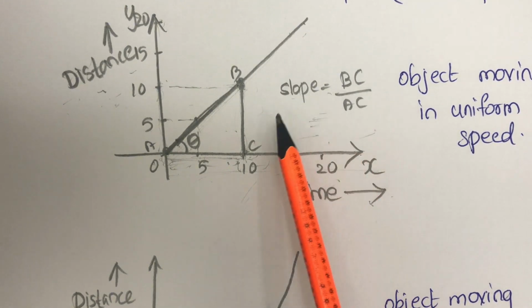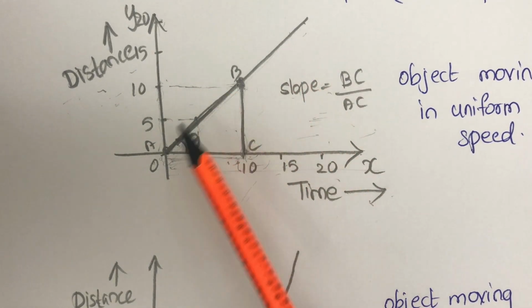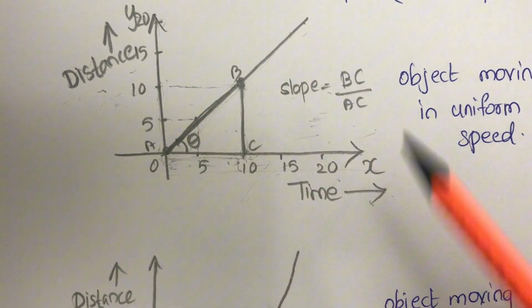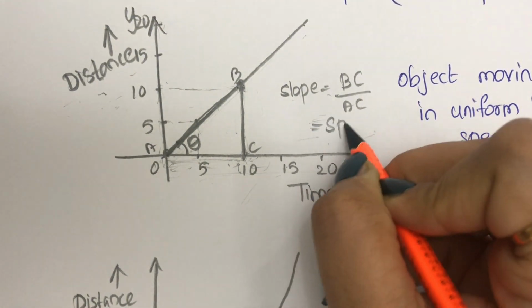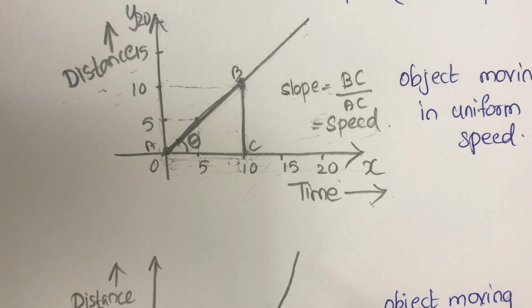That is my speed here. So the slope of a distance-time graph will give speed.